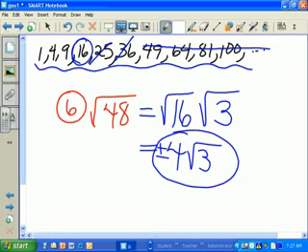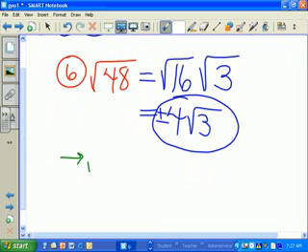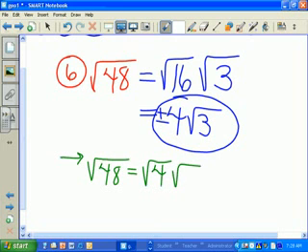Now some people mess this one up. Very common error, that they don't realize that 16 is a factor of 48. So they say that 4 is the biggest factor of 48. Okay? Let's do it that way. So that would be square root of 48 is square root of 4 times square root of 12.